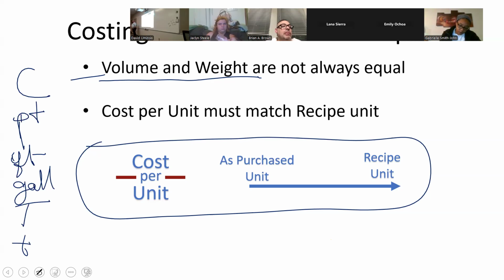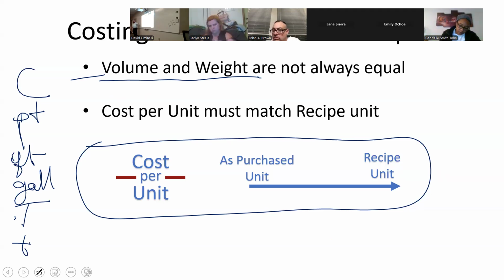If it's a dry ingredient like flour or salt, what is the volume of a tablespoon? 1 tablespoon equals 0.5, which is half of a fluid ounce. The volume is half an ounce of fluid, but that tablespoon of salt does not weigh half an ounce. It weighs something different. So the volume is that, but the weight is different.